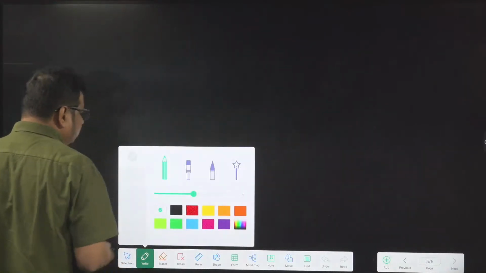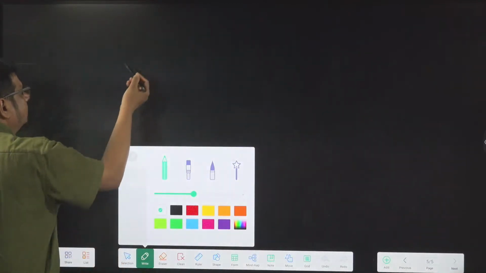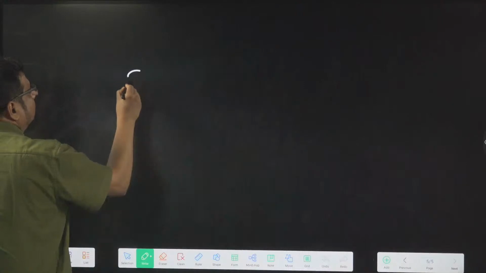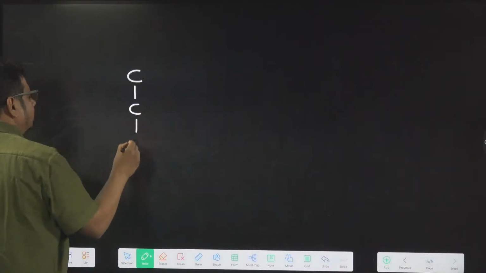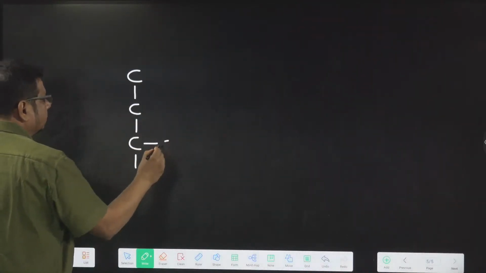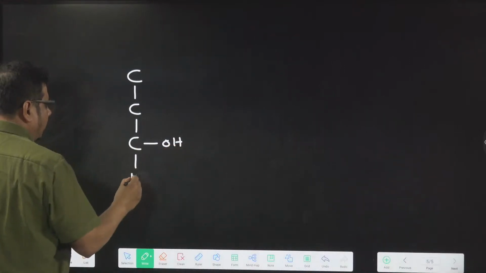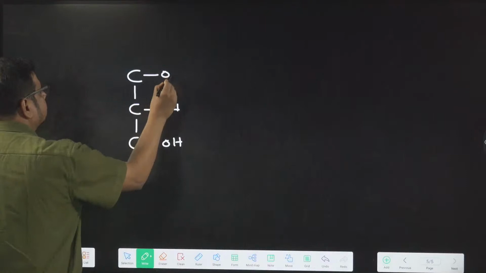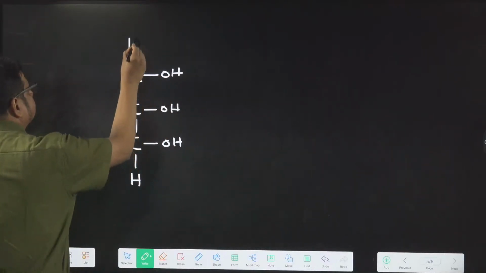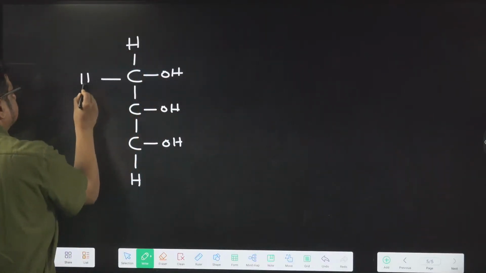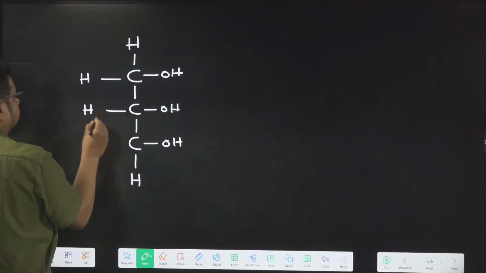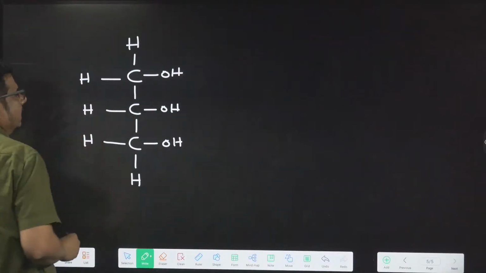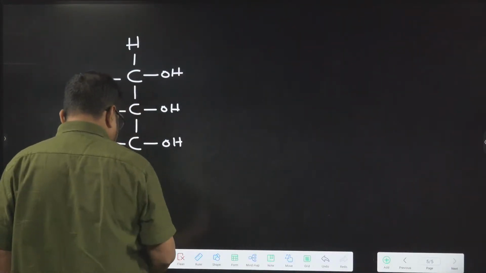Now glycerol is also over. Now I am telling how glycerol and fatty acid join together. Look here. It is glycerol, trihydroxypropane. And here I am just writing about the fatty acid.